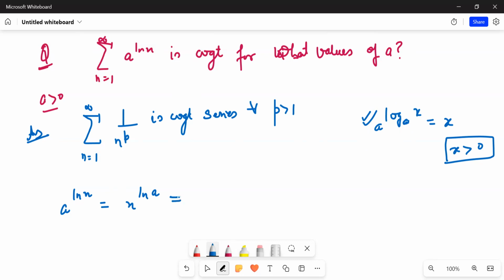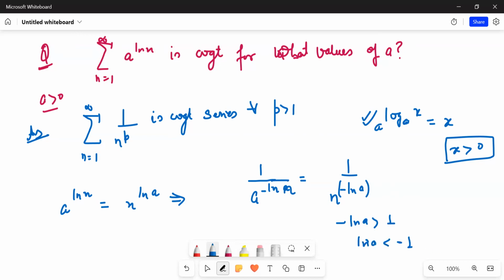So instead of writing this, now I'll do this. I know that a raised to power ln n is equal to n raised to ln a. So I'll write it this way: a raised to power minus ln n, which would imply 1 upon n raised to power minus ln a. I know this would be convergent only if minus ln a is greater than 1, which would imply ln a should be less than minus 1.